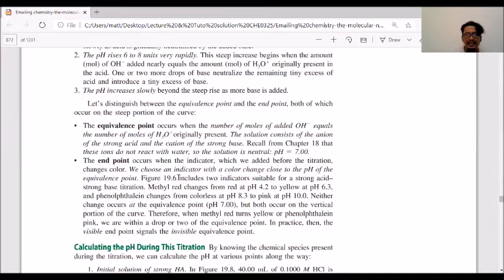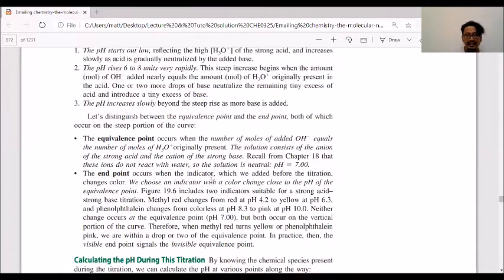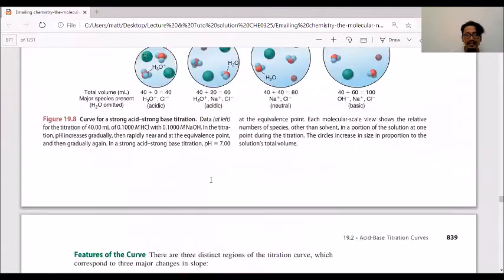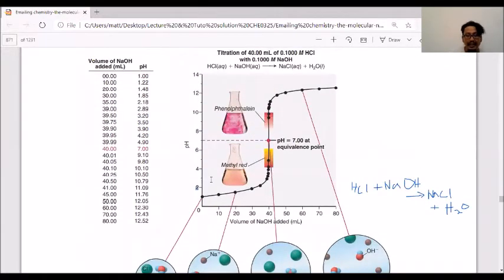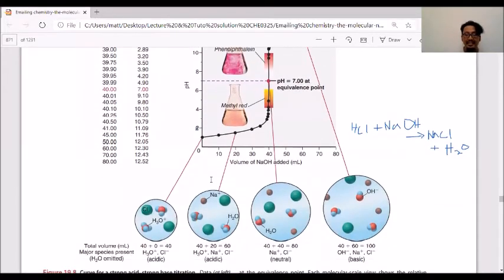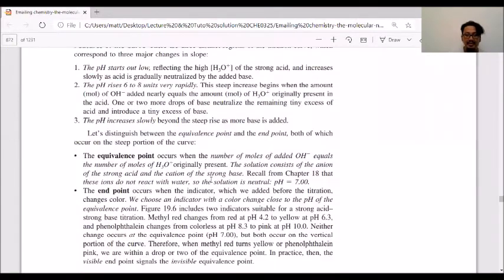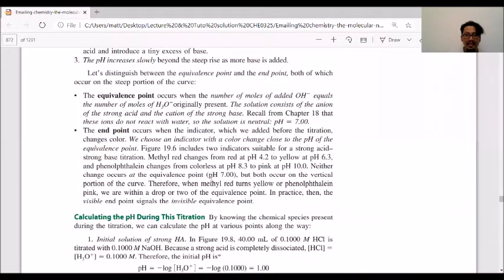So Figure 19.6 includes two indicators, yang figure atas tadi. Either one actually. When you carry out the experiment, you boleh buat two different titrations, one with phenolphthalein, one with methyl red. The same titration. The figure includes two indicators suitable for a strong acid, strong base titration.